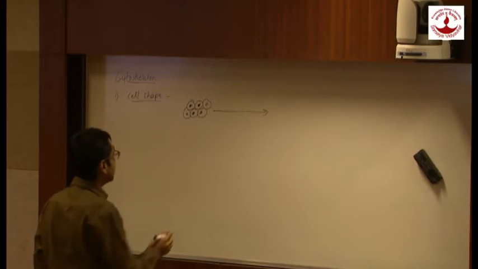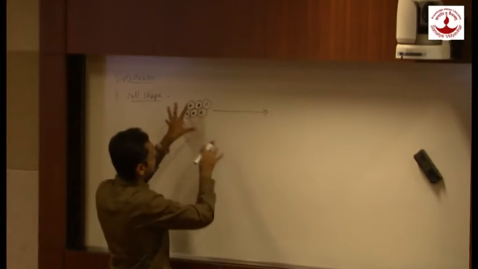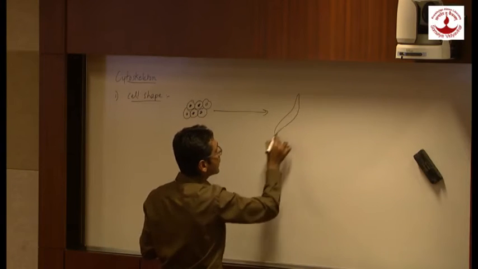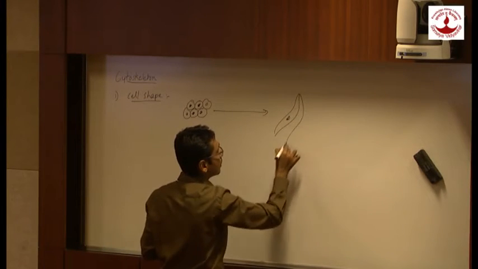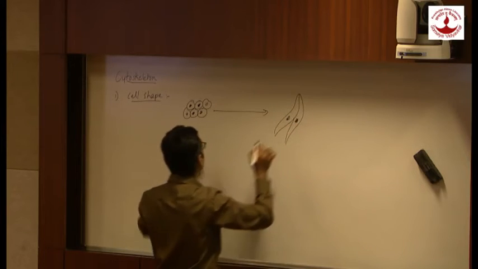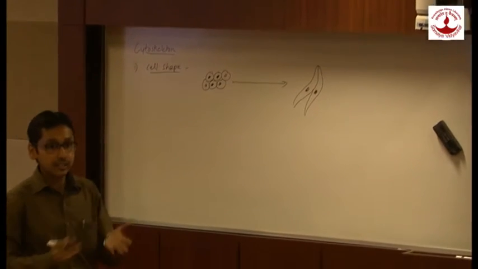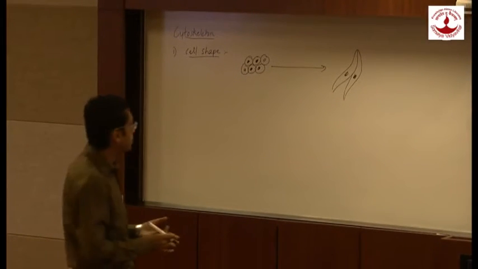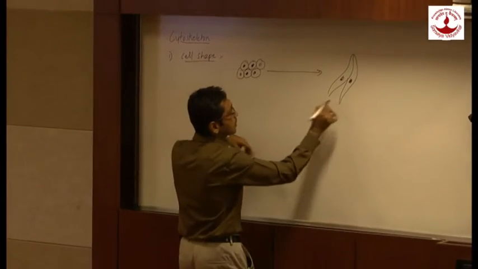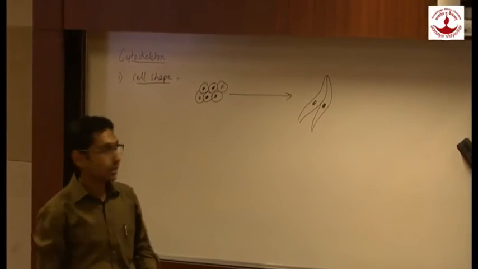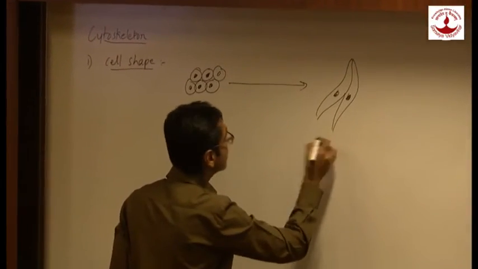What is this EMT? The shape of the cell overall changes to an elongated type of cell. So this is an epithelial kind of morphology, and in the course of differentiation, you see that the cells have now become elongated. So this is the EMT.